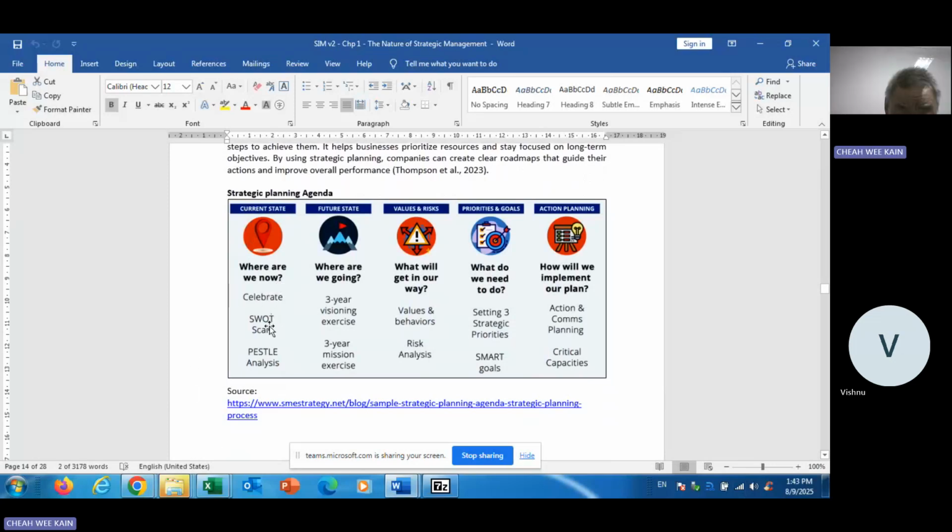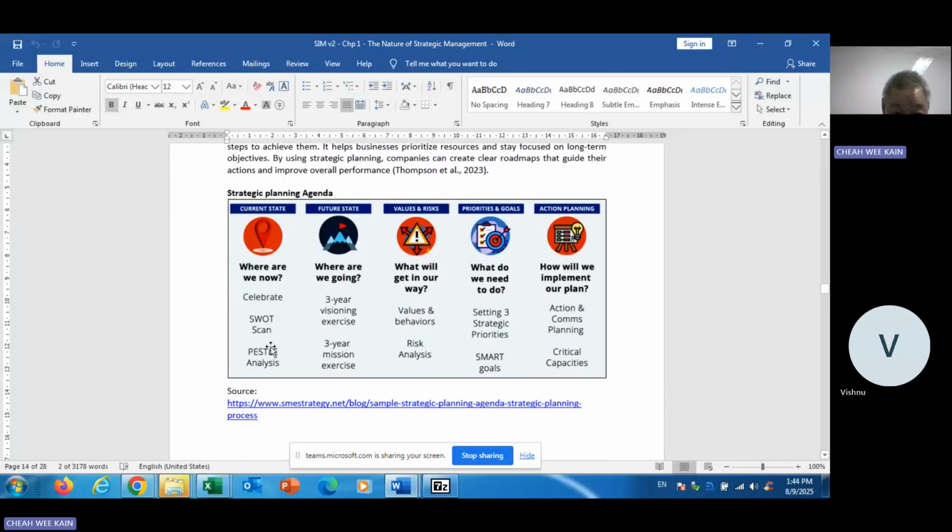So how do you understand where are we now? We use tools like SWOT: strengths, weaknesses, opportunities, threats. You can also have a PESTLE analysis. So you can do either one. I actually prefer this one much more. But anyway, political, economic, social, technology, legal, environmental analysis.